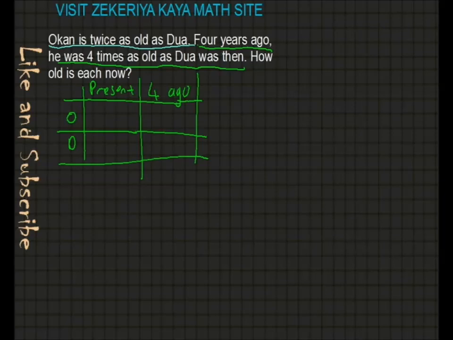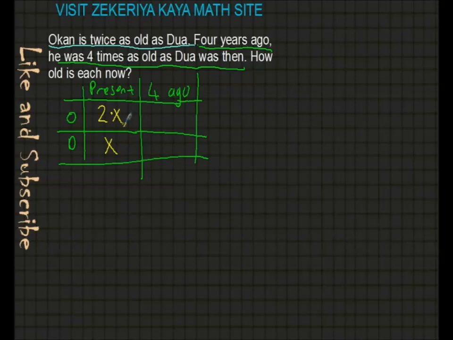Can you read the first sentence? Do you know what means twice? Yes. As numbers? What does it mean? Times 2. Yes. So if Dua is x years old, what is Okan's age? X times 2. 2x.